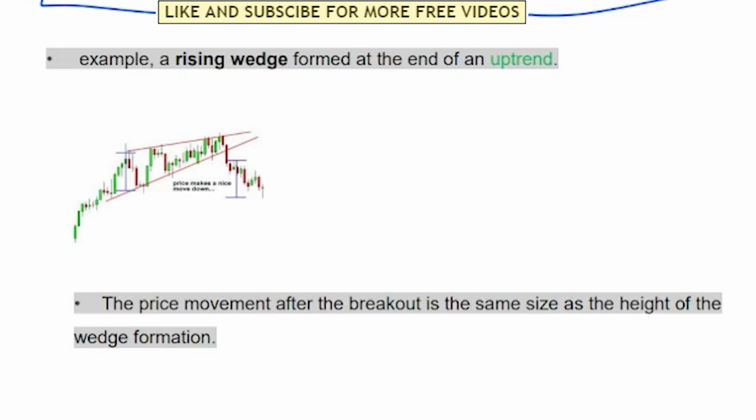Okay, you can see from this area, this is where we started forming the wedge. And we enter from this area, and this one will be equal to this one. You take a trade from this area, catching some pips in this distance, and then after that, you wait for the pullback, and keep this in mind also.